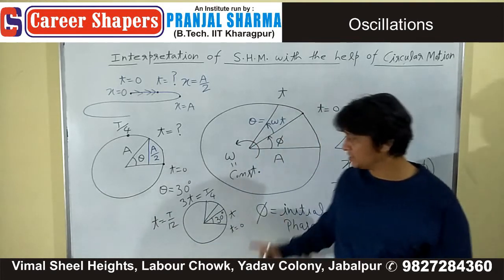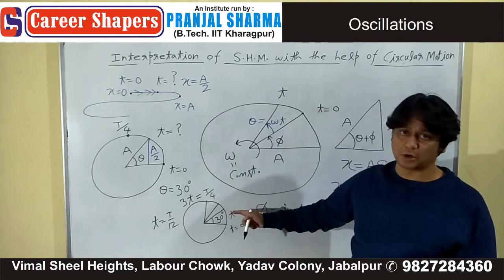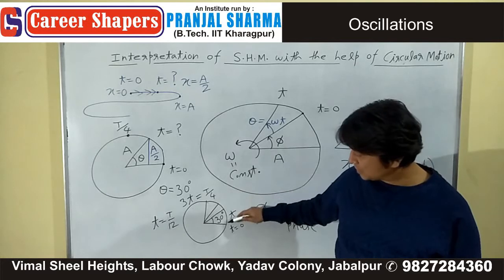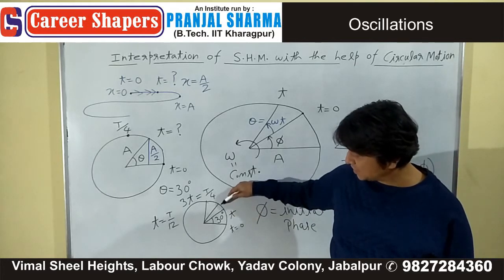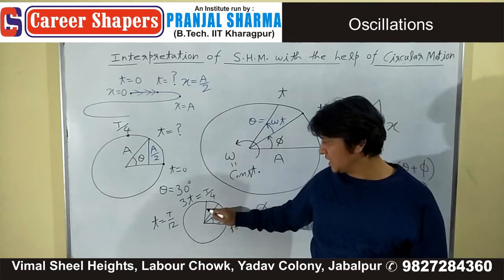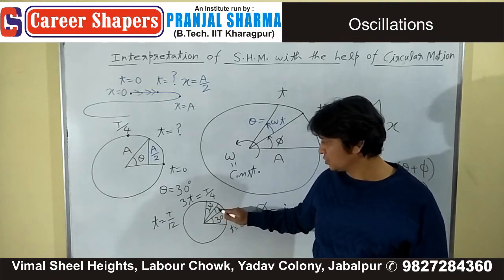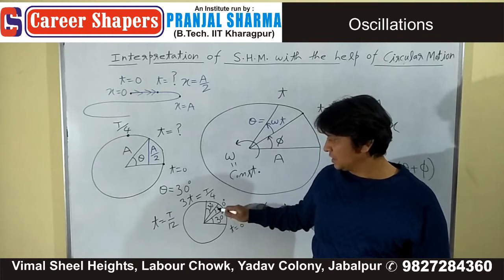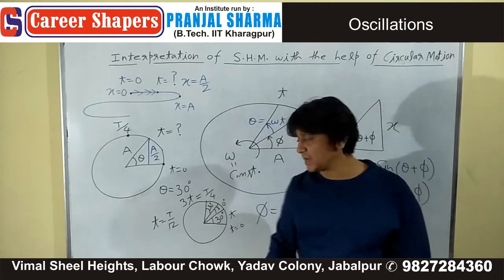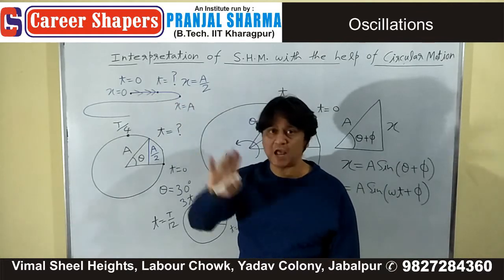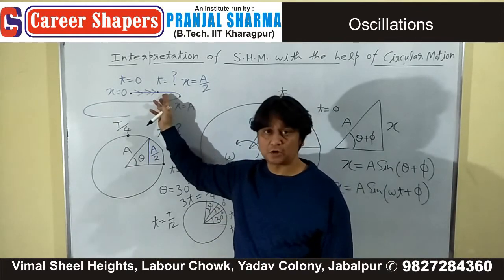Look at the advantage. In circular motion model, you know that omega is constant. And therefore, for same angles 30, 30, 30, remember all these angles are 30, all these same angles, time will be same. But for A by 2 and A by 2, time is not same because speed is not constant.